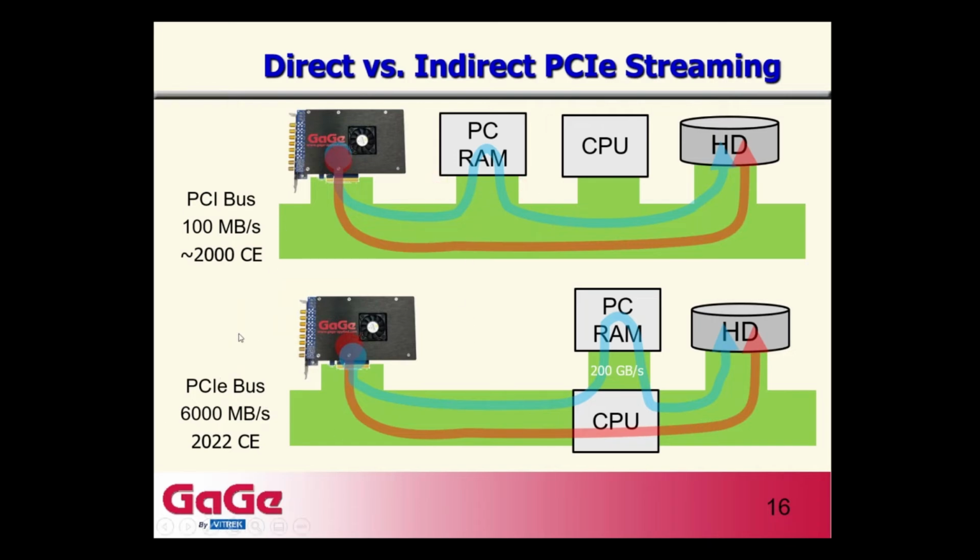So if we fast forward 22 years to the PCI bus running now at 6,000 megabytes per second in 2022, we can see, first of all, the slots aren't shared. Because of the serial nature of the PCI Express bus, we can have dedicated bus lanes that don't have to share data.